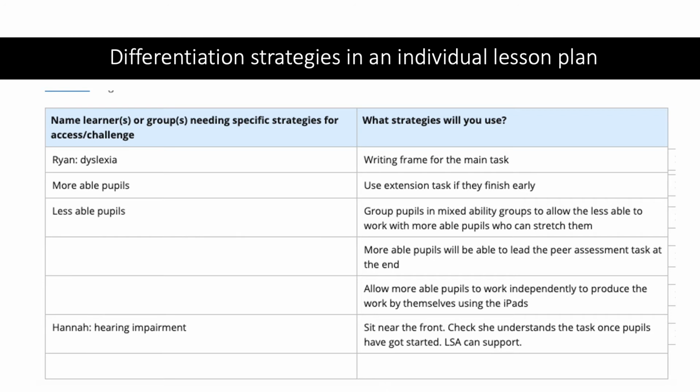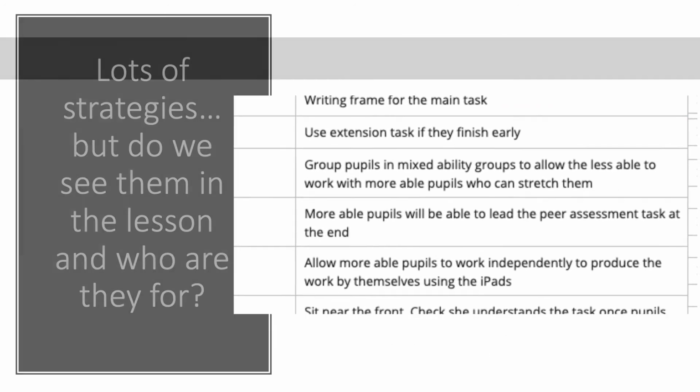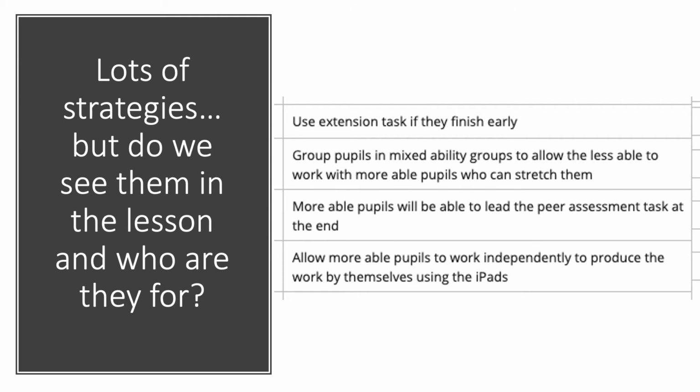So we colloquially term this scattergunning strategies, because they've maybe seen them, observed them in the mentor's lesson, and they're hoping that they will work once applied to their own lessons. So some deeper thinking is required, and indeed assessment of the impact of those strategies via conversations with the mentor and evidence in the pupil work will help this student teacher move towards a more capable application of differentiation.